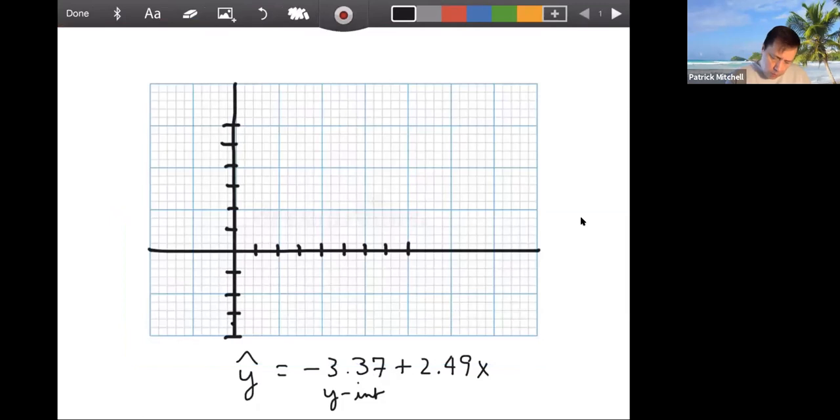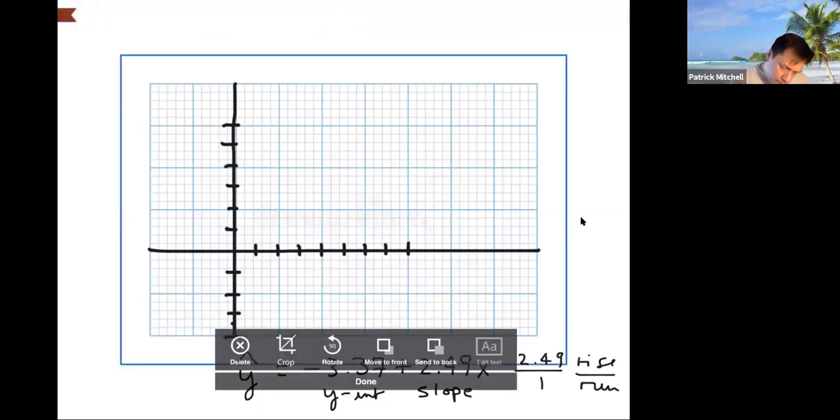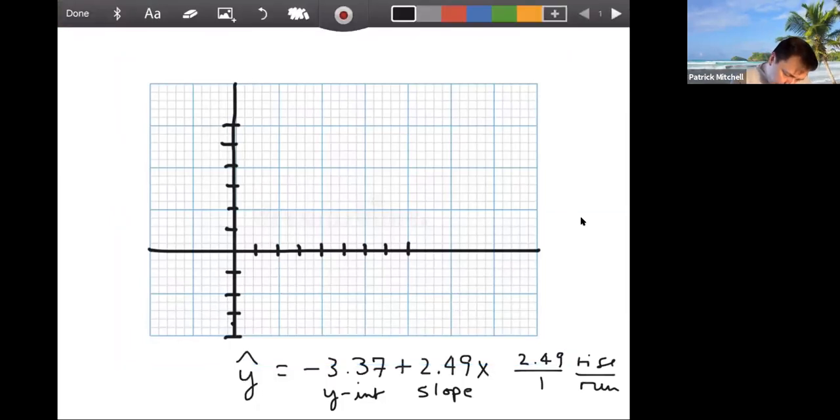All right, now the slope of 2.49 means rise over run. So every time we run 1 unit, we rise 2.49. I'm just going to call that 2.5. Okay. So if I run 1, which would be right about here, I'm going to rise, we'll just call it 2.5.